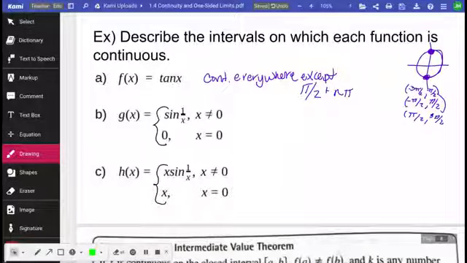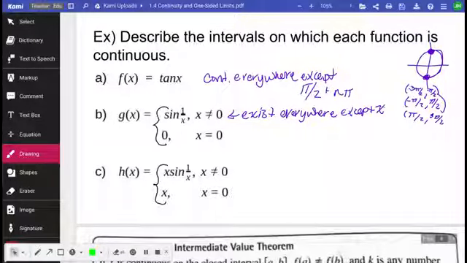All right. g of x, we're looking at where it's continuous. Obviously, I can't plug 0 into sine of 1 over x, but I can plug in anything to the left of 0 and to the right of 0, and it would all work out. And this function exists, or is continuous, everywhere except x equals 0.